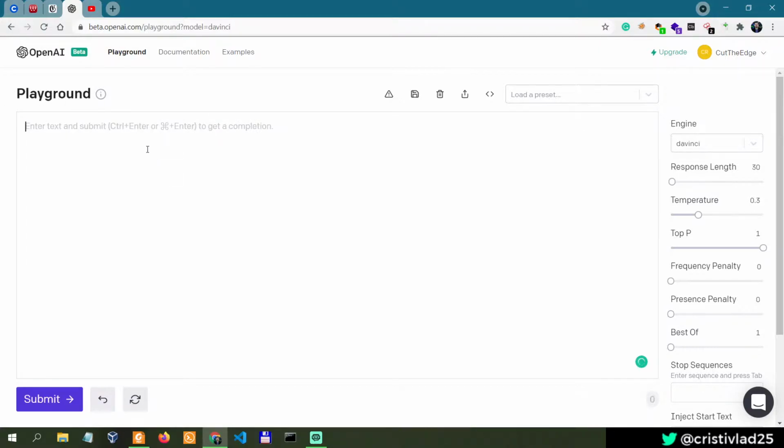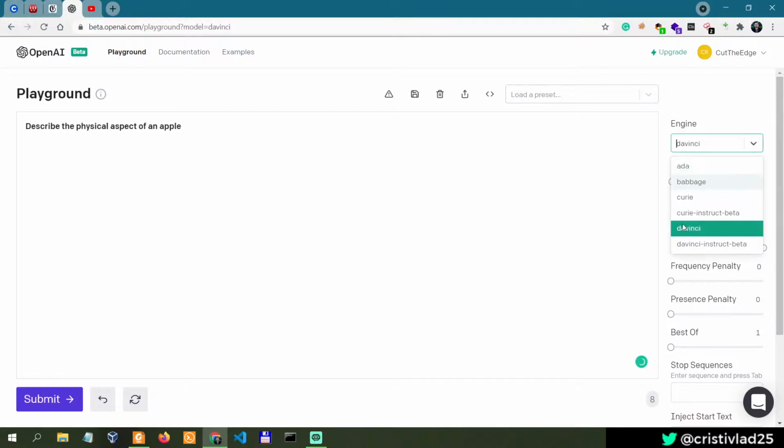So when you start the playground, you actually have a blank slate here. You can enter your text, like, for example, describe the physical aspect of an apple, and you can select the engine.